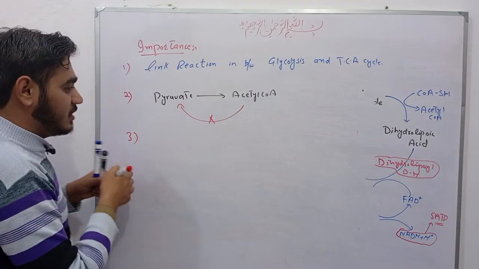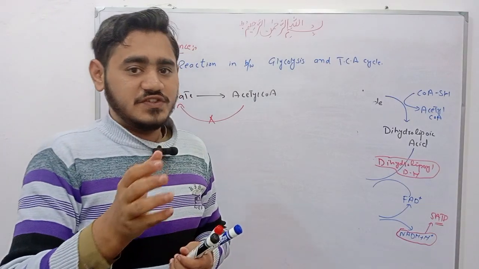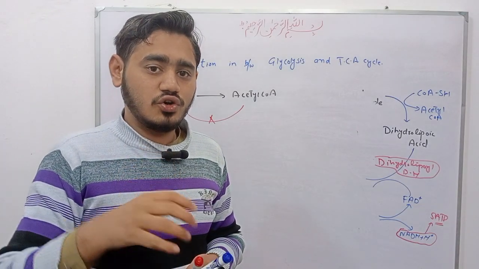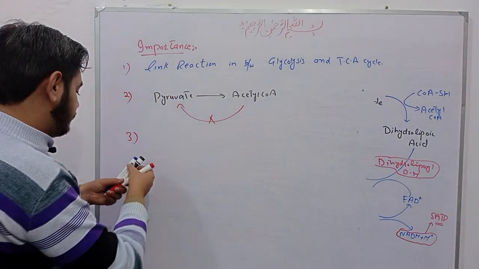Now third is the thiamine pyrophosphate deficiency. It takes place due to chronic alcoholic consumption.